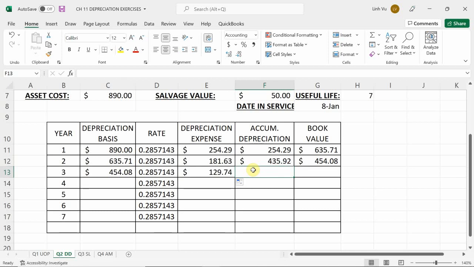Okay. So now we need to take 435.92 add 129.74.